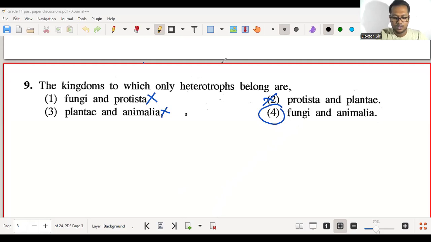Yes, super. So we can find out the heterotrophs. The answer is answer four.